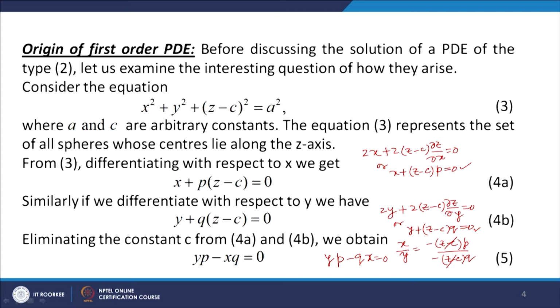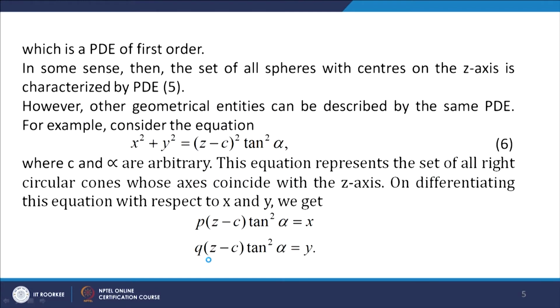So, eliminating the constant c from equations 4a and 4b, we obtain the first order partial differential equation yp − xq = 0, which is a partial differential equation of first order.